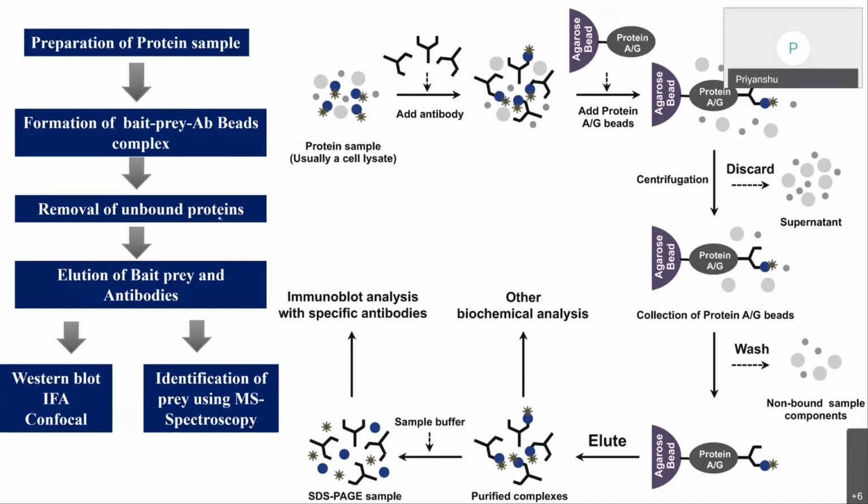So you need to remove all these unbound proteins from the solution. Then comes elution of the bait and prey proteins from the complex, and you can use it for further validation. You can validate it through Western blot, IFA, or confocal. And if you don't know the prey protein, then you can go for mass spectrometric analysis.